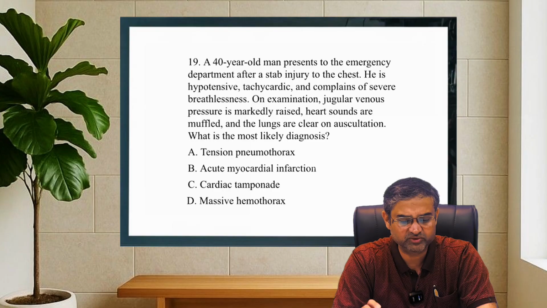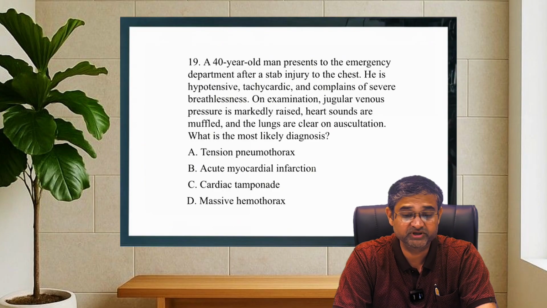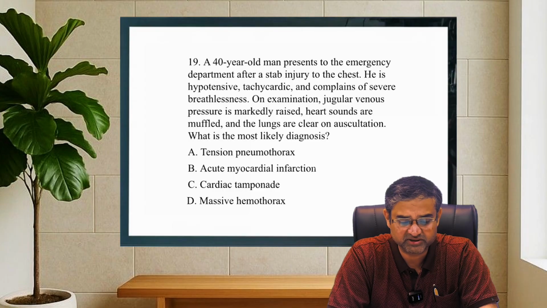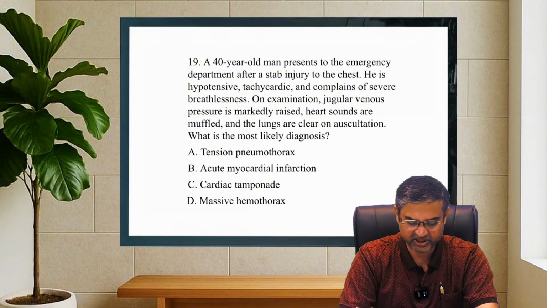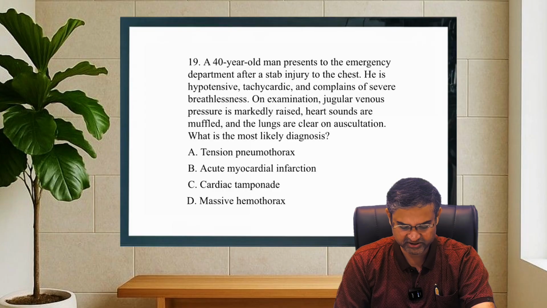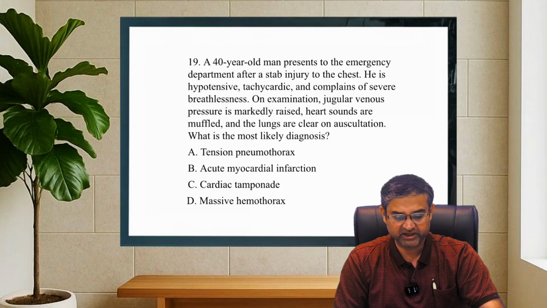So we can rule out two, tension pneumothorax and massive hemothorax. The remaining two are acute myocardial infarction and cardiac tamponade. But given the history of stab, cardiac tamponade is likely. So we can get the answers very easily in such cardiac and lung questions.